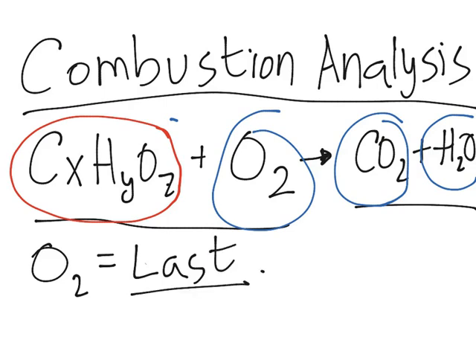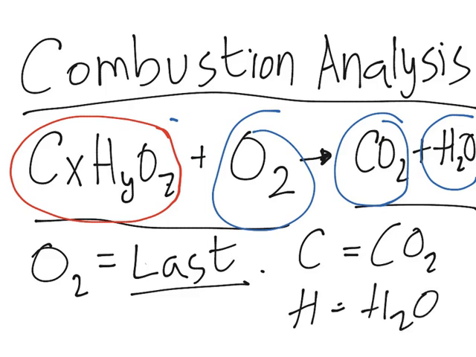However, as you can see, there's only carbon in one of the products, so you can find the carbon by using the carbon dioxide. So you can start with that, or you can start with the water, which would give you the hydrogen factor. So you can start with any of them, and then you can get the value of the oxygen.